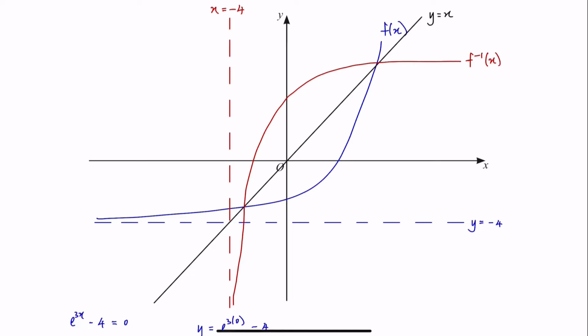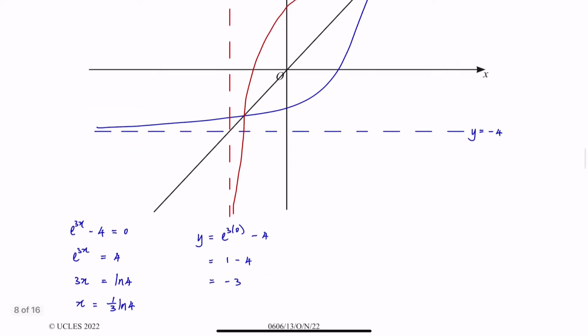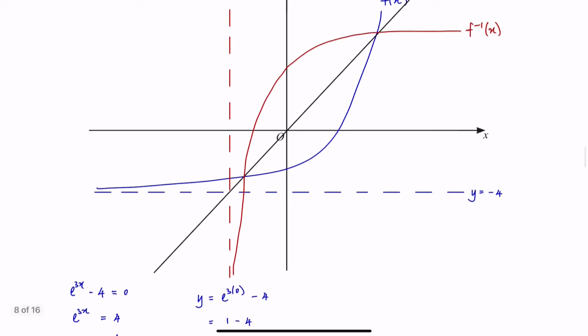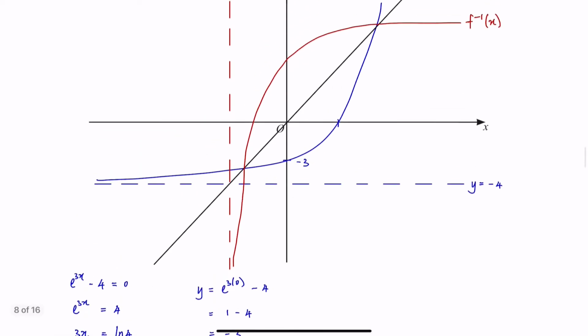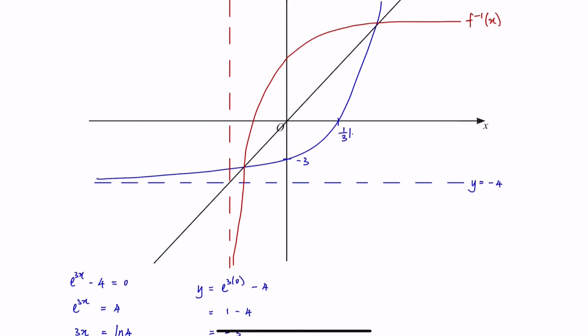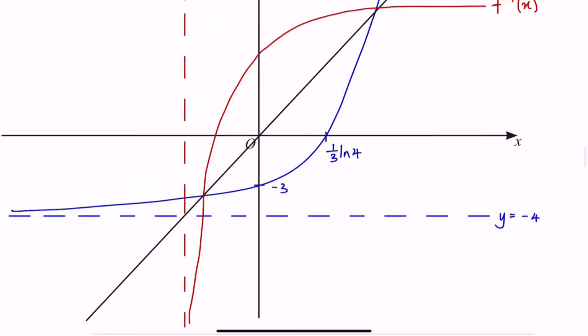And for the x and y intercepts, we know that this is negative 3 and this is 1 over 3 ln 4. And for the f inverse graph, the y-intercept of the f(x) graph would be the x-intercept of the f inverse graph.